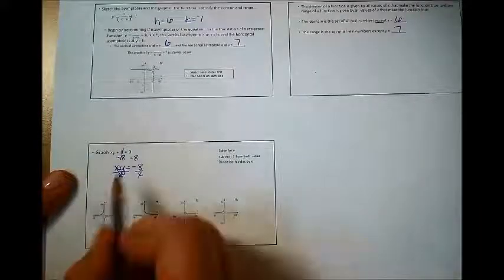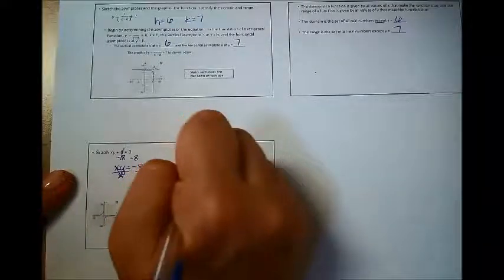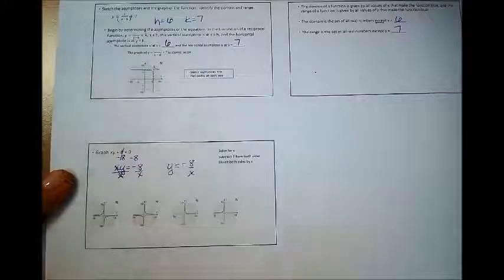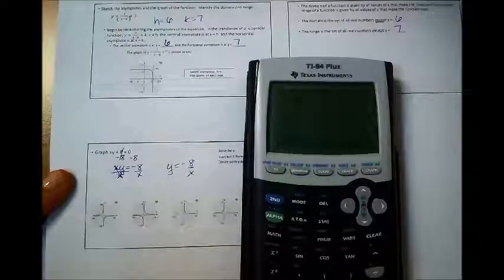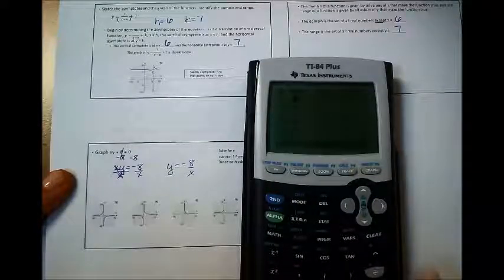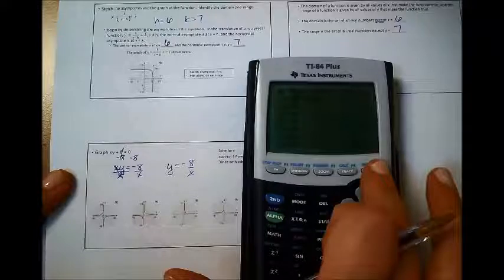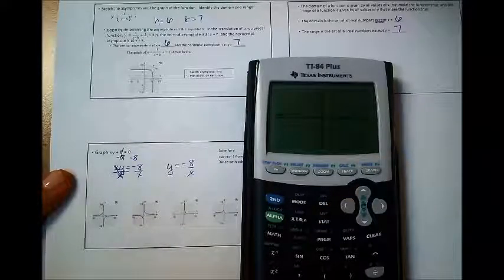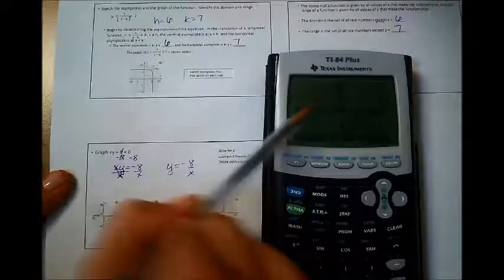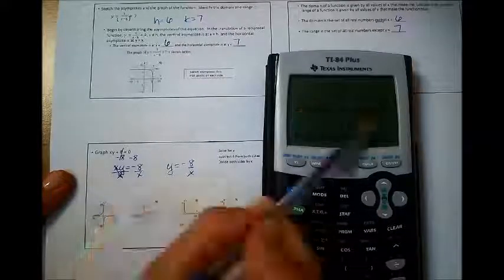All right, so we have y equals negative 8 over x as our equation. Pull back out the calculator, go to y equals, and we go negative 8 divided by x, and then graph, and let's see what it is. Now you can see that our curves are in the second and fourth quadrants, so it's going to be this one.